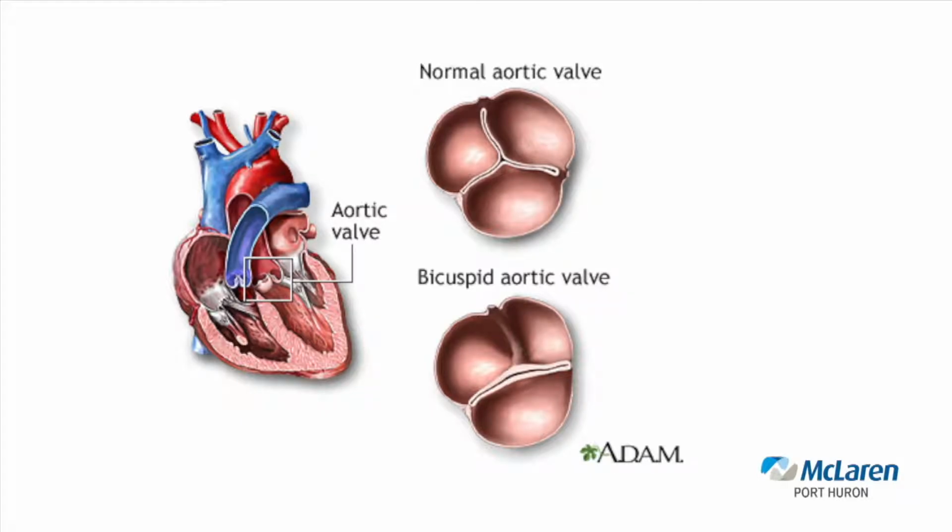And that may be because two of the cusps are fused together so that they function as one cusp, or it may be because there are only two cusps there. In either event, the valve still can function normally in the majority of instances. A minority of patients will need something done about their valve when they're a child or a young adult.